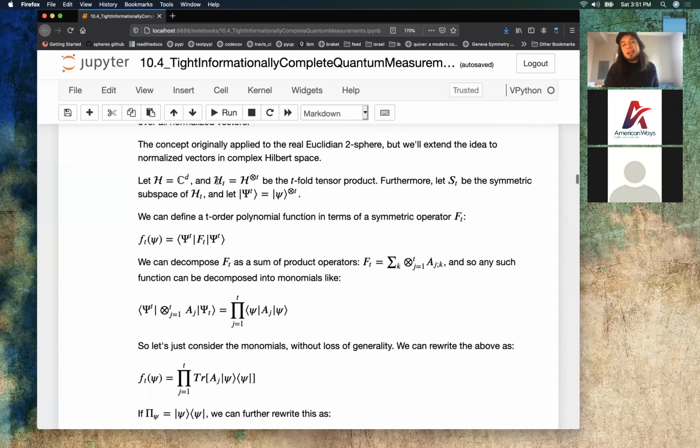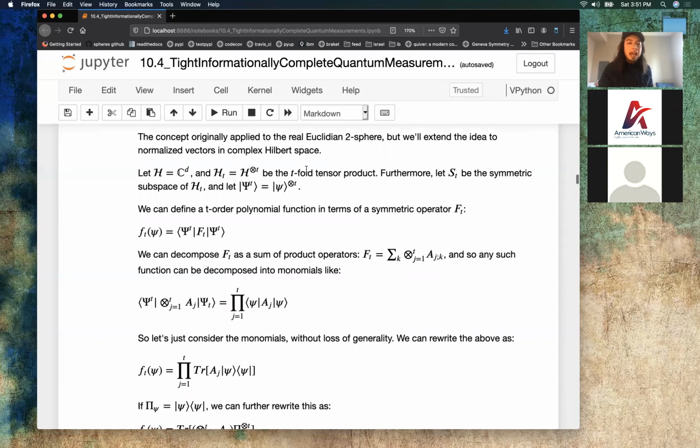We'll denote H of t to be the t-fold tensor product of such Hilbert spaces. We'll use S sub t to denote the symmetric subspace. And we'll write this when we take a vector and tensor it with itself t times.